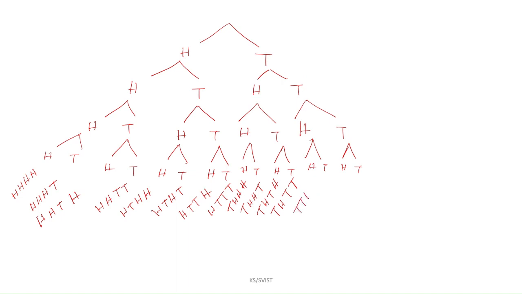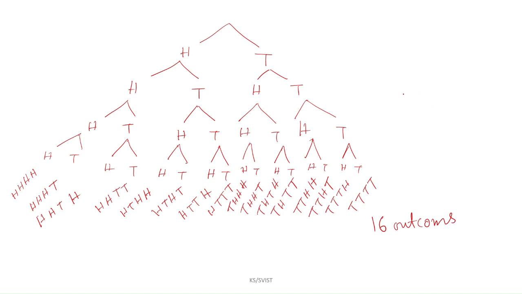Tail, tail, head, head. Tail, tail, head, tail. Tail, tail, tail, head. And at the end, tail, tail, tail, tail. So if you count, you will observe that there are 16 outcomes.